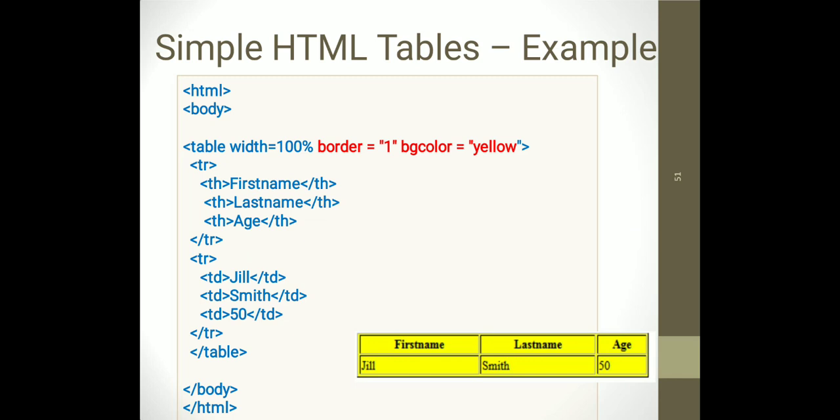If you want to use double size, then you need to provide border equals to 2, and the bgcolor, that is background color, is used. Okay, so that can also be used.